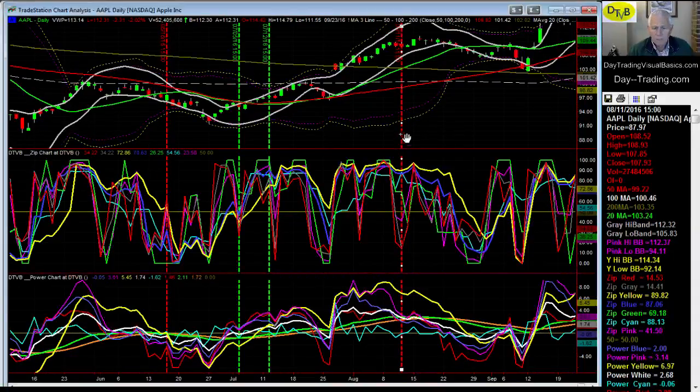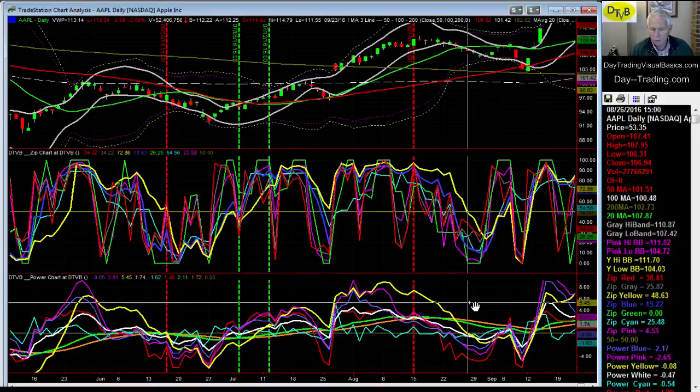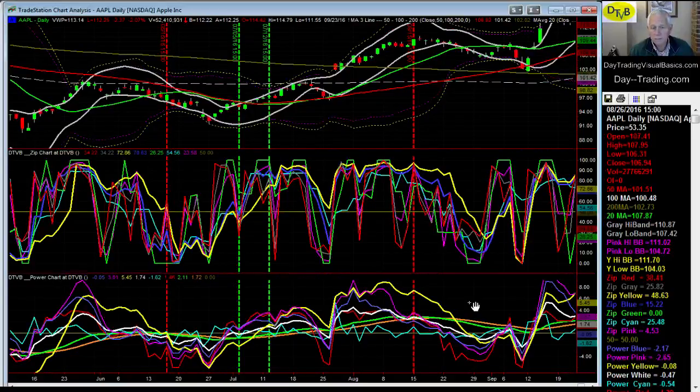But I want to make you aware that when the power yellow has separated itself a long way from the other lines, and there's a big space between the yellow and the other lines, that's a good indication of a decent downtrend, because eventually the yellow line is going to touch the other fast indicator lines, part of the 22 market force recognition lines.